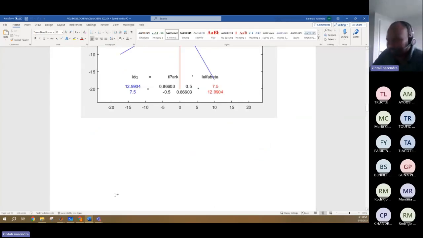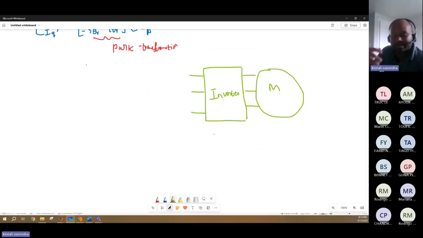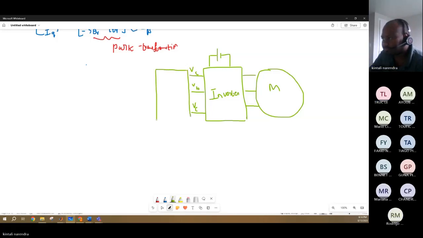Now when you take it into a whole picture, to the inverter you have a DC motor battery power supply. The voltages which you provide to the inverter, VA, VB and VC, how do you get them from V alpha and V beta?